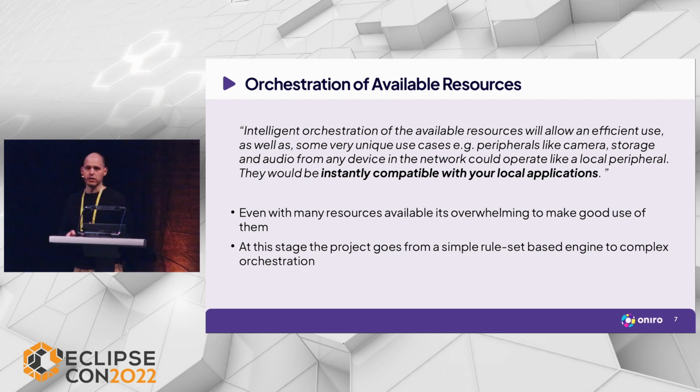And on top of that, we want to make sure that we make efficient use of these resources. We want to make sure that we can orchestrate our workloads, our needs, our use cases, based on the available resources. One of the key points here is that with having this view of the resources and making it available, it would be instantly compatible with your local applications.